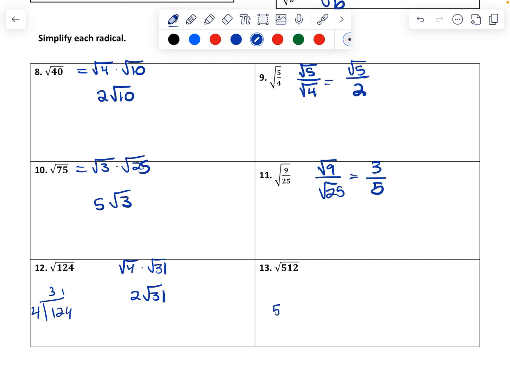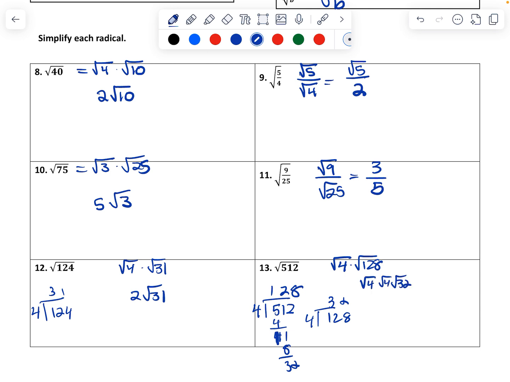512. Is that divisible by 4? Let me see. Let's see, 832. So this is the square root of 4 times the square root of 128. But I have the feeling 128 is divisible by 4. So this is the square root of 4, square root of 4, square root of 32.